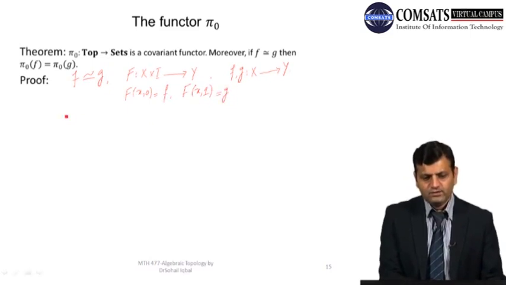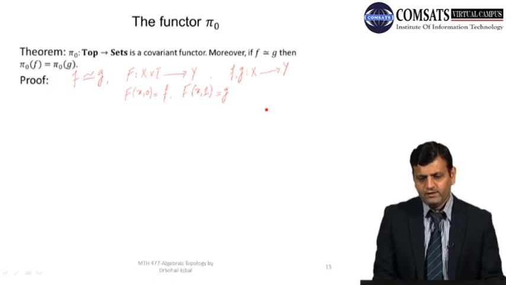Okay, so now we have to show that π₀(f) and π₀(g) are equal. So f is a function from X to Y, and g is also a function from X to Y.